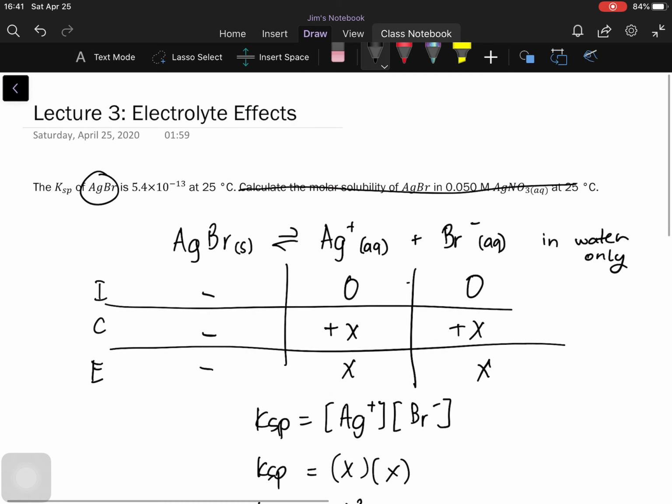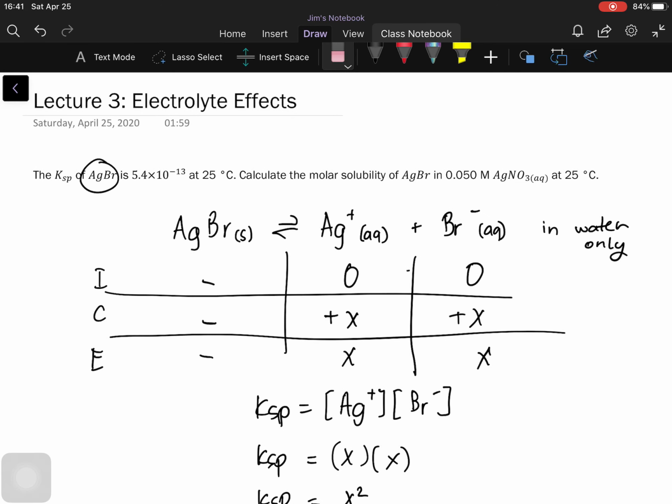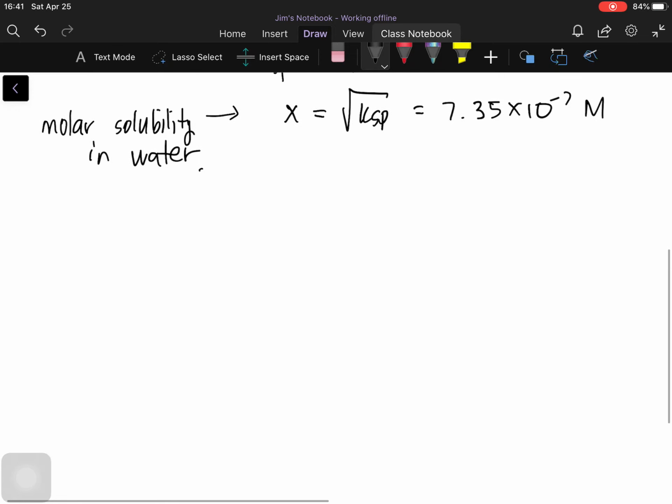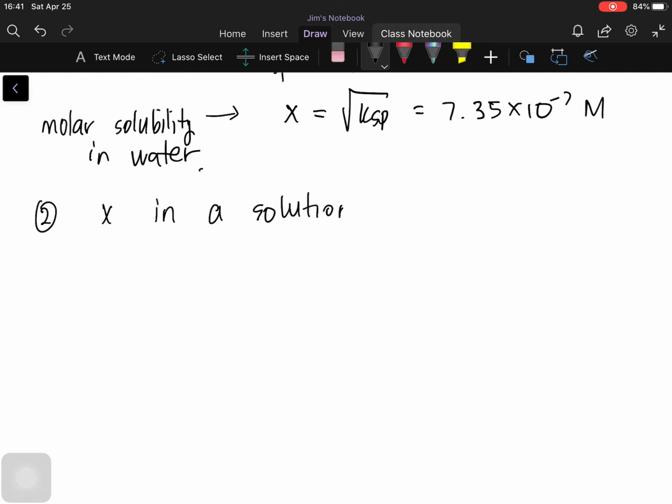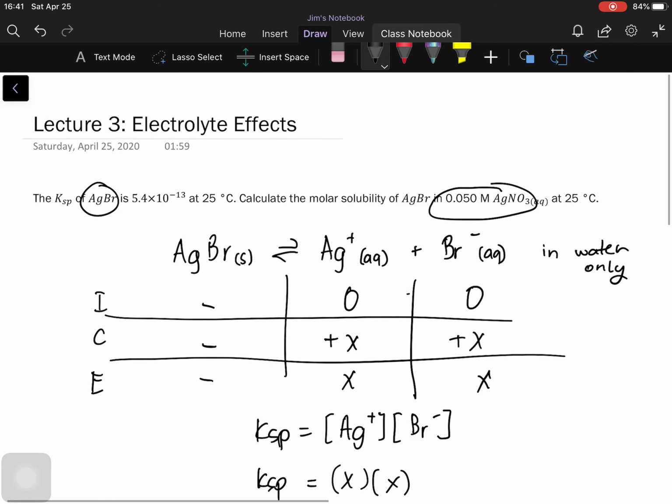So how about the second part of the problem? It tells us to calculate the molar solubility of silver bromide in silver nitrate solution. This is our second condition. We're going to solve for the x, or the molar solubility, in a solution with 0.05 molar silver nitrate.